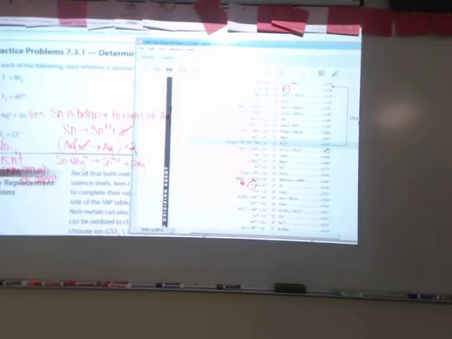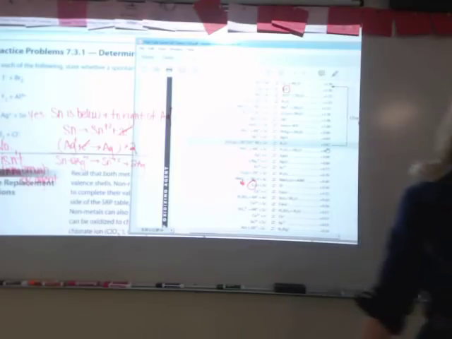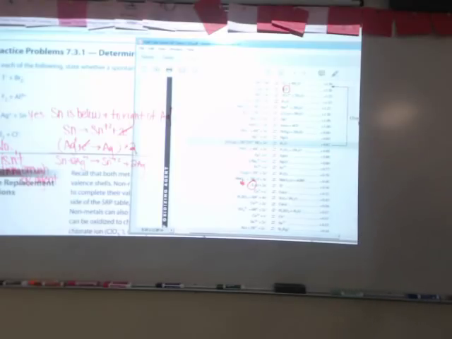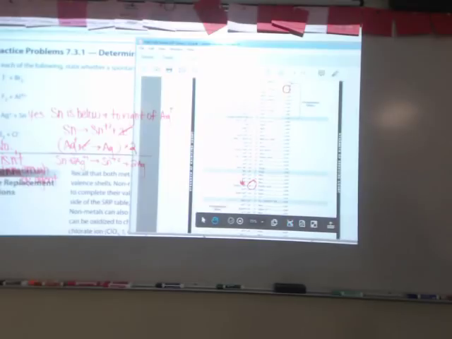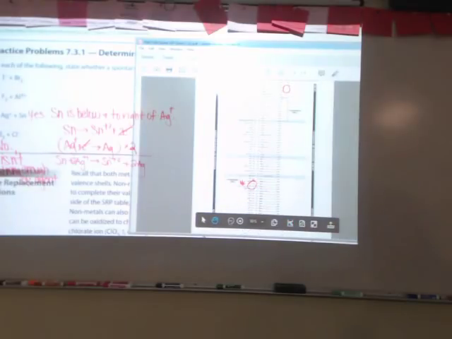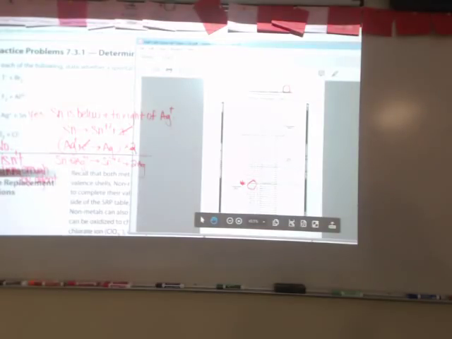All right, let me go on to predicting single replacement reactions, and that's what we're going to end on today. Okay, so I'm going to make this table a little bit smaller because we're going to make some notes on it.